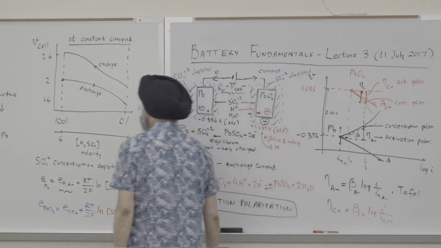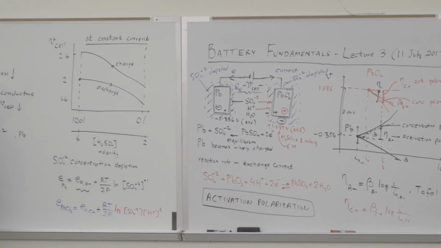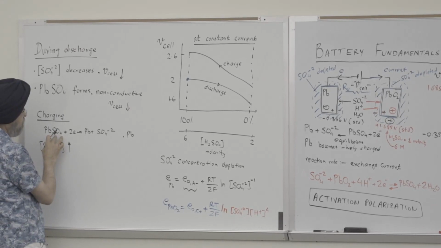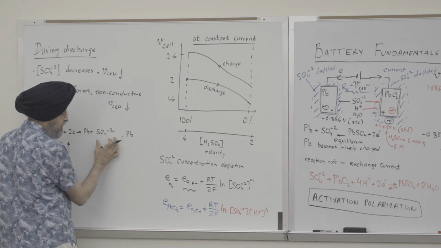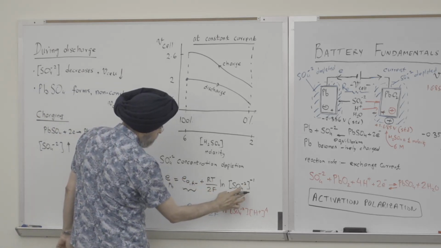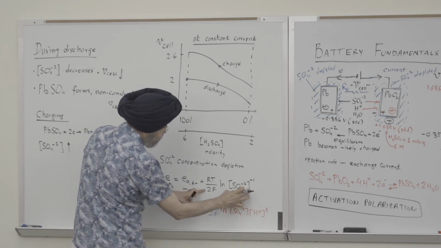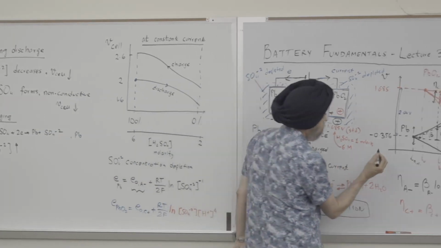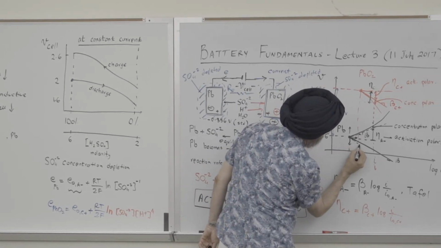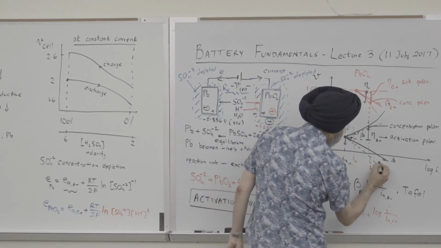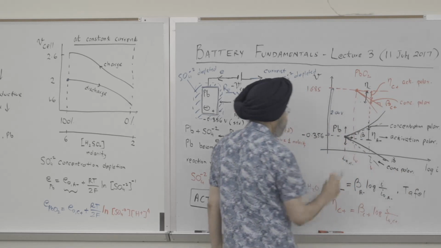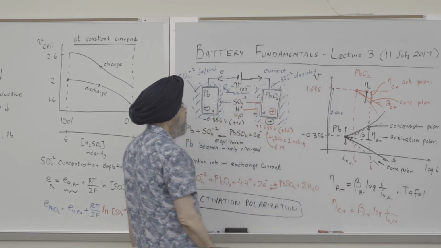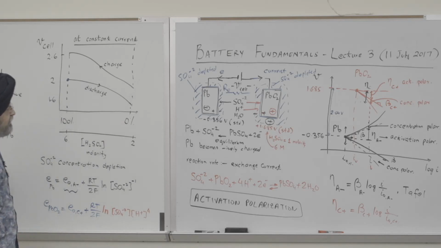But what about concentration polarization? When we are charging the cell, the sulfate concentration increases, which means this value decreases. So this curve will go down like this, and this difference is the concentration polarization, because the sulfate concentration decreases. Okay, so that takes care of the lead electrode.